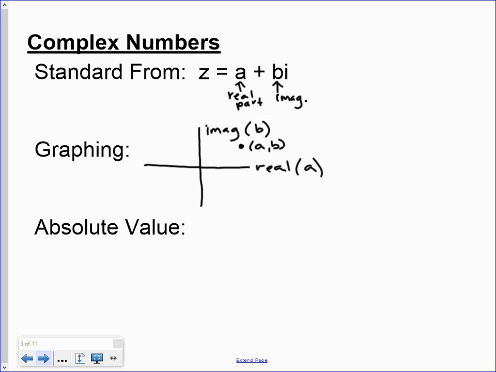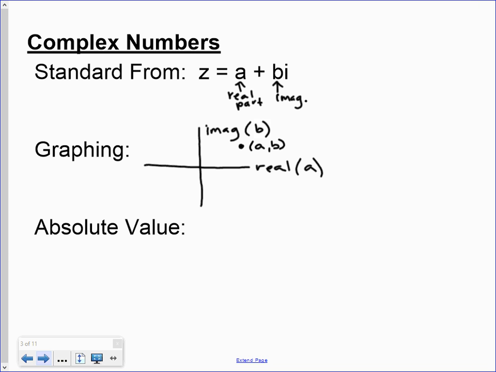Now, tell me what you know about absolute values of just regular numbers before we get into complex numbers. What's true about absolute value? Hugh? It's always positive. Why is absolute value always positive? Because it represents the distance from 0.